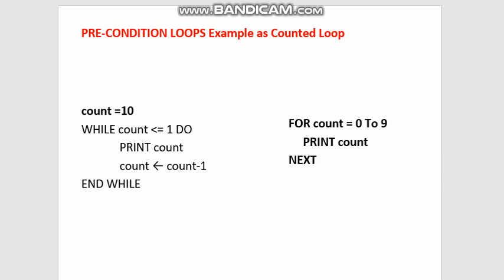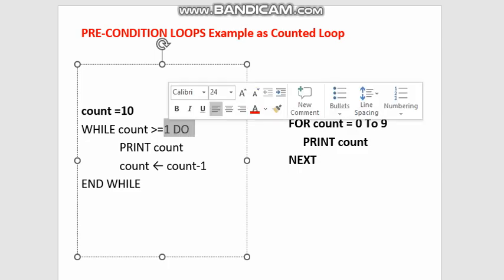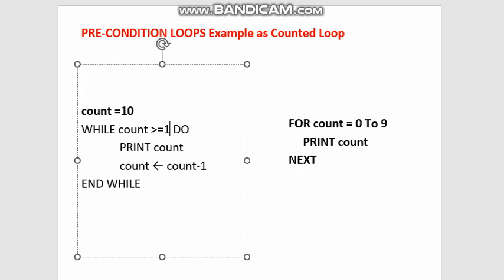So I can change it to while count greater than or equal to 1. Now count is 10 and 10 is greater than or equal to 1. Do print this statement. We have a keyword do, which we have to write while using pseudo code. Print count, and count is decremented.